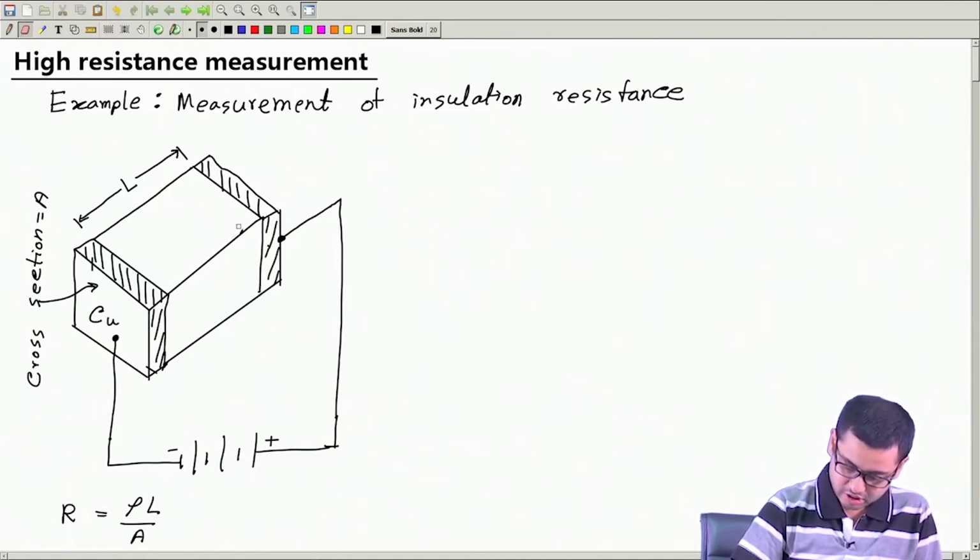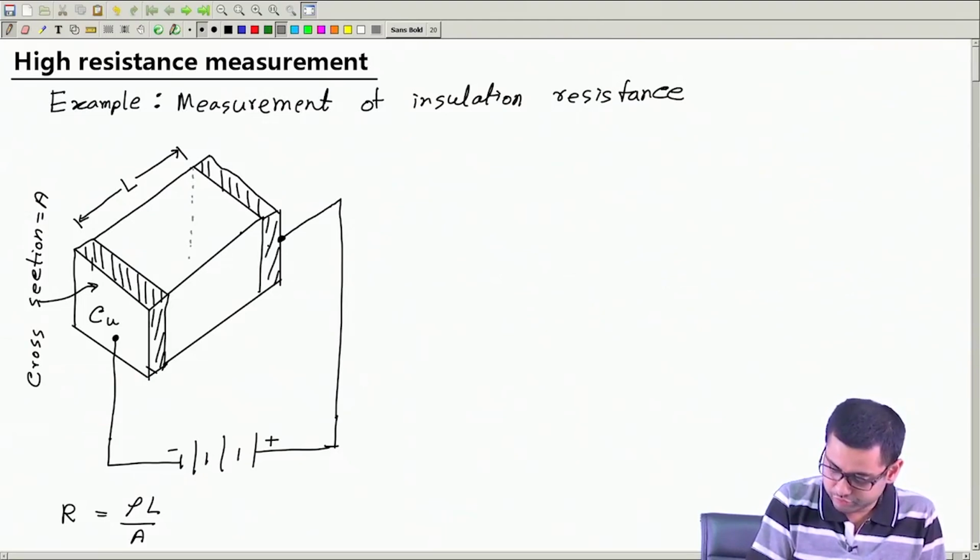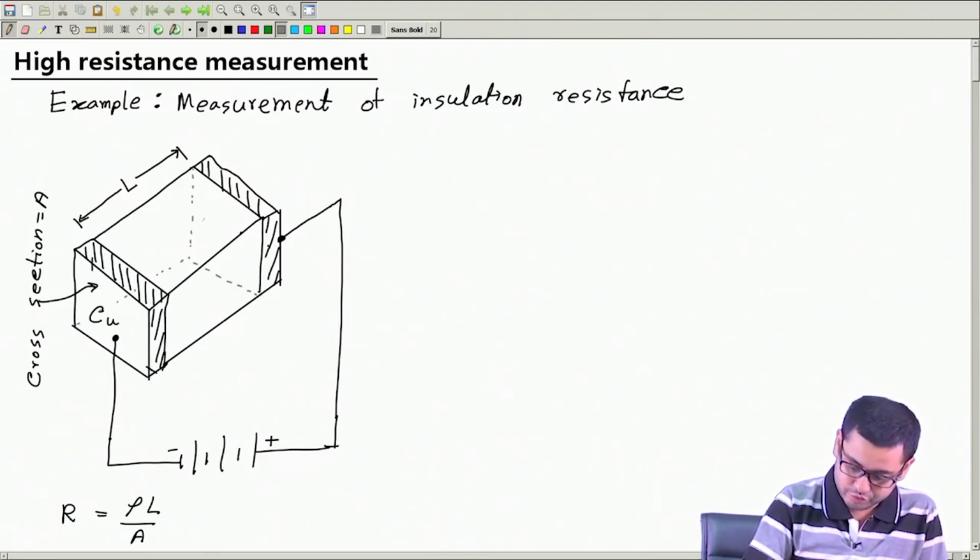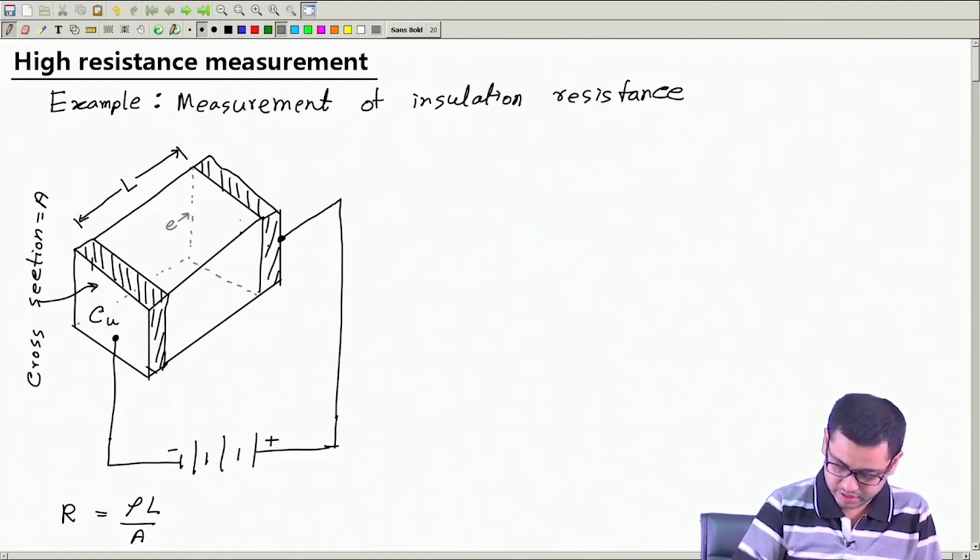the charge or the electrons flow through the entire volume, meaning if this is the 3D volume of the insulator, then the electrons will flow through it everywhere. Okay. So, sorry, if it is electrons, then I should draw it in the other direction, minus to plus, and it flows everywhere inside the volume.